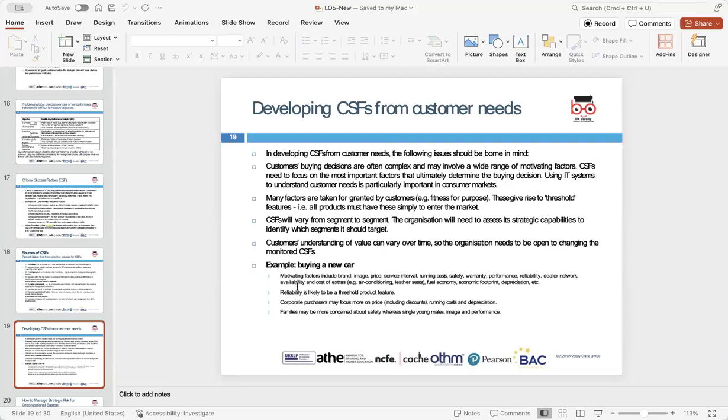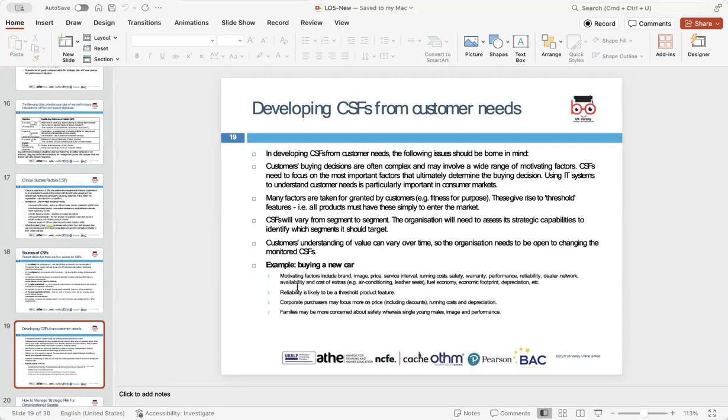Customer buying decisions are often influenced by a variety of motivating factors. CSF must focus on the factors that most directly influence these decisions in the consumer market. Using information technology systems to understand customer preference is critical for success.